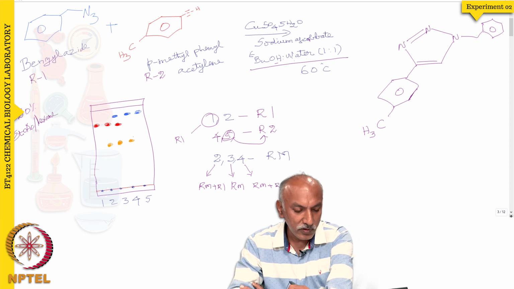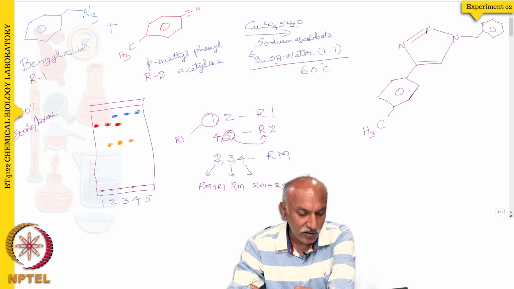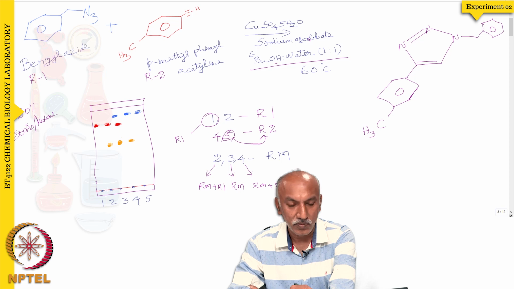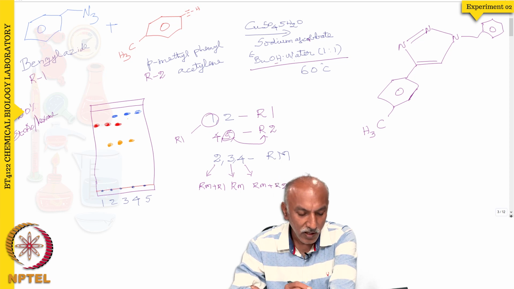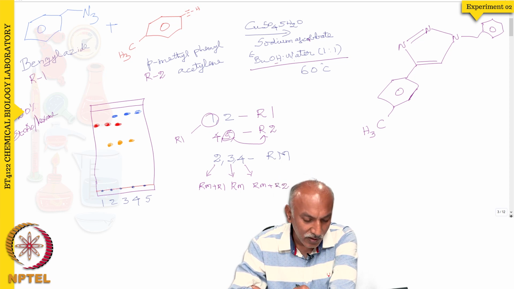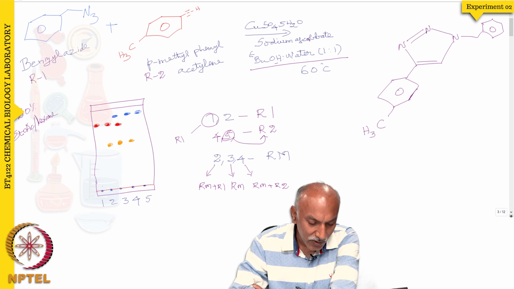So, this ensures that without any ambiguity, you can see all the starting materials as well as the product, and by co-spotting them, even if they are coming very close, you can distinguish them. That is the reason we draw the line and put a marker, so that you will spot at the same place and not somewhere here and somewhere on the bottom.